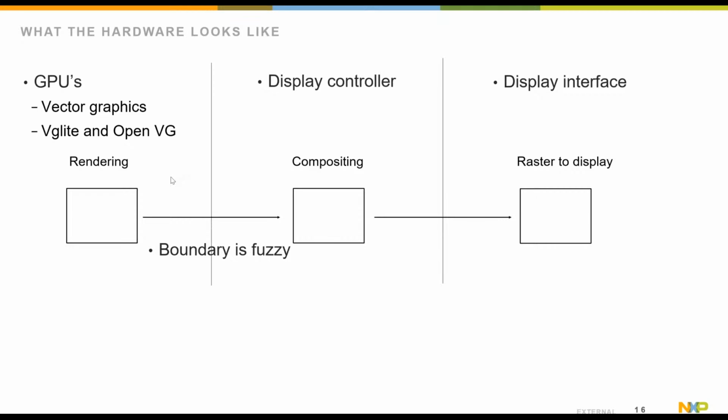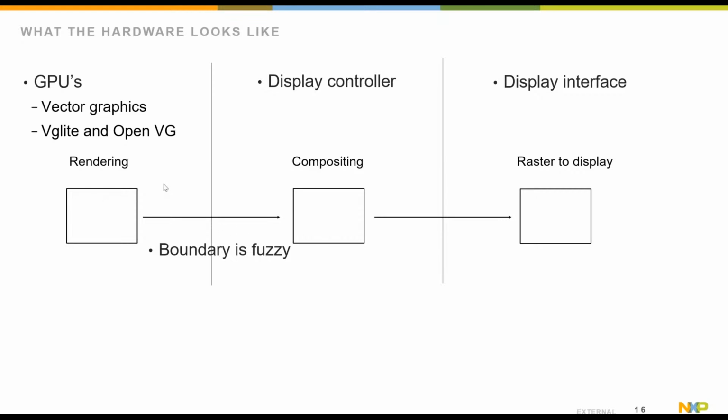Then the display interfaces, not display controllers, I should say, take care of the rastering, so they can raster out of memory. That display interface can be either RGB or MIPI, like I said before, or other interfaces.